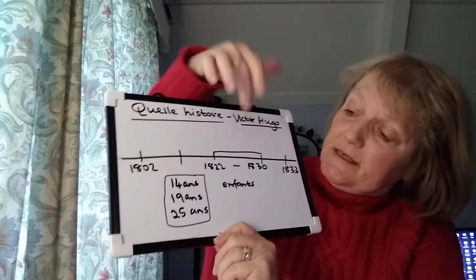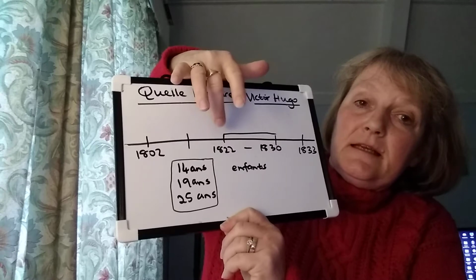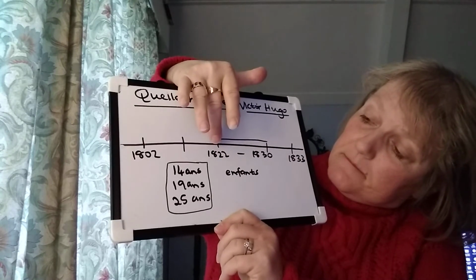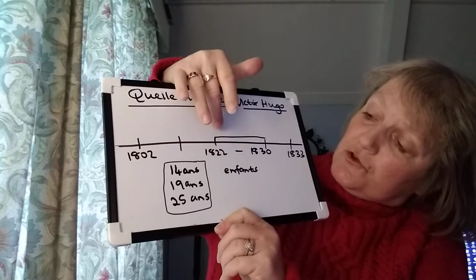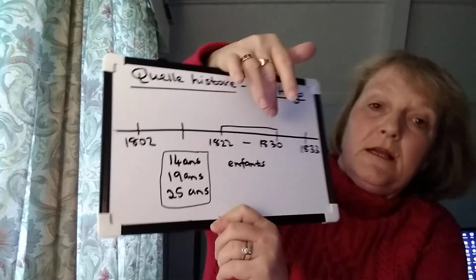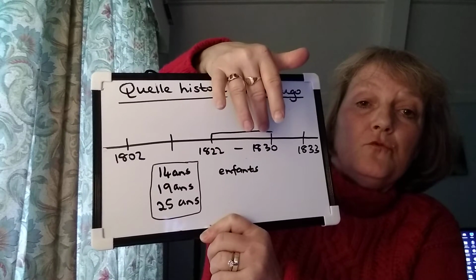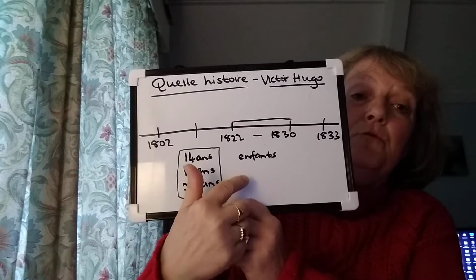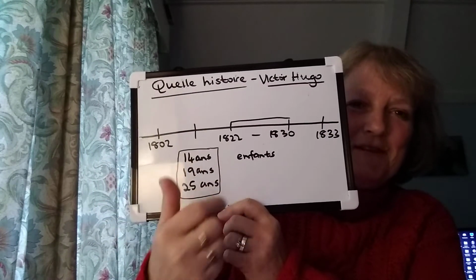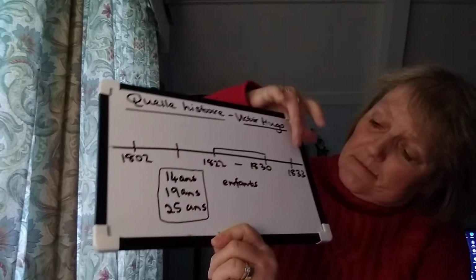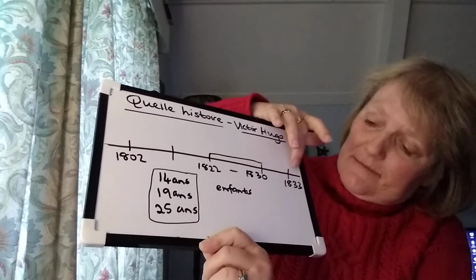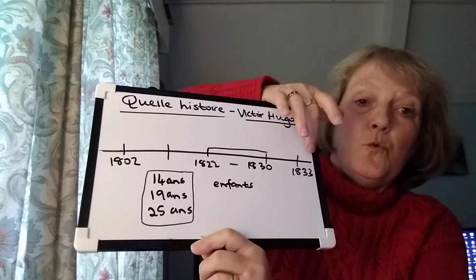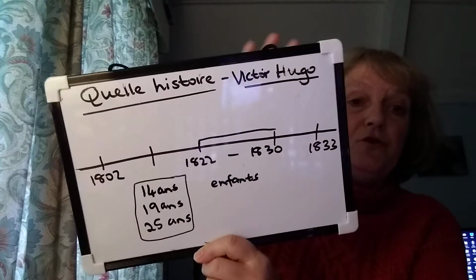Okay, this is a period of time here, so something happened in 1822, but during this period of time right up to 1830, this is a long period of time, and il avait combien d'enfants? So we know he had children, because I've put it there. How many? And then back at this point, 1833, something else occurred in his life.